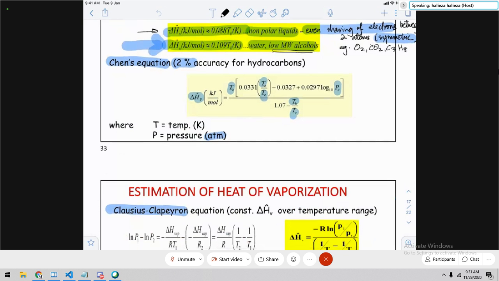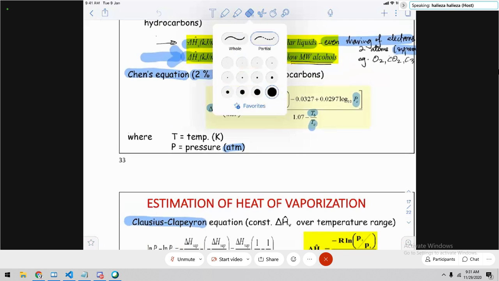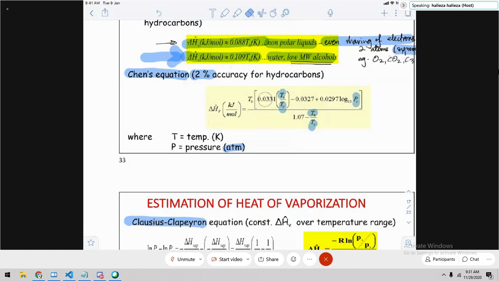I need to copy that equation. Let me erase this first. I want to copy it because I will have a problem going back and forth. So that's the equation.